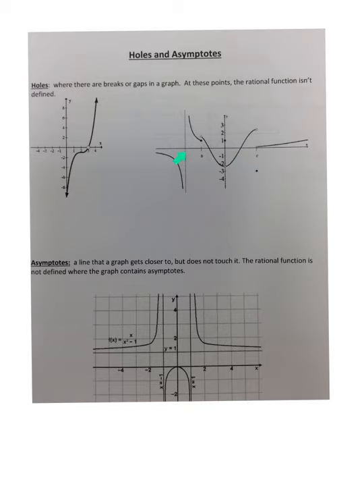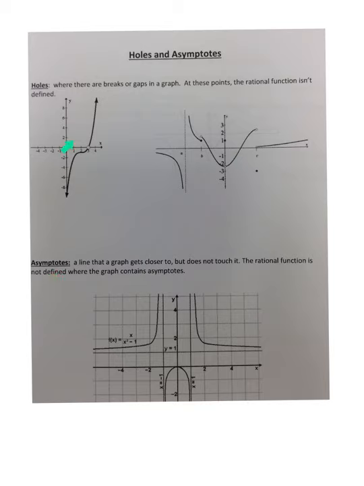Now, I want to talk about a for a minute. Do you see that this graph gets closer and closer and closer to a, but doesn't touch it? The same thing with this portion also. So the graph also is not defined at a, but not because it's a hole, but because it's an asymptote. Okay?